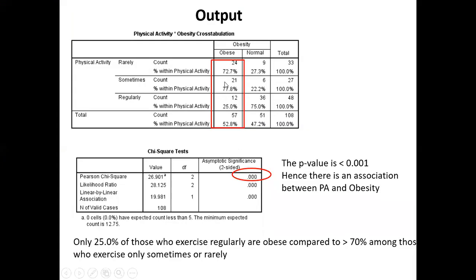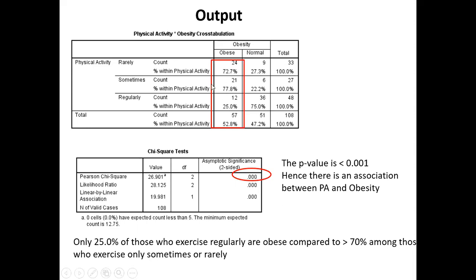Yes. Those regularly, only 25%. Rarely and sometimes about 75%. So those who exercise rarely and sometimes are about 3 times more likely to be obese, right? Yes. This 25, this about 77, about 3 times.